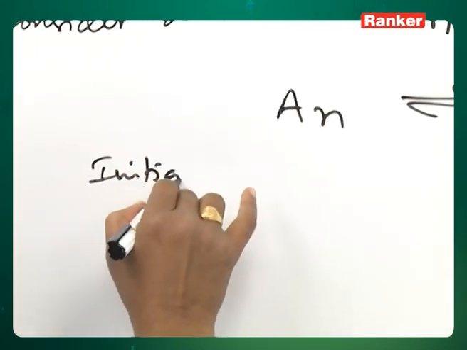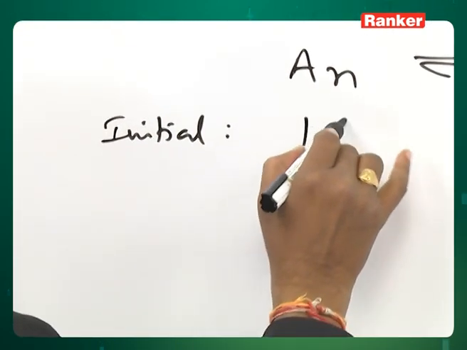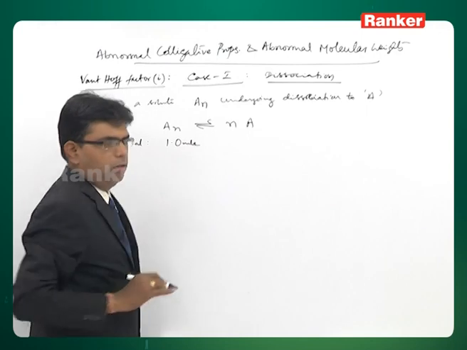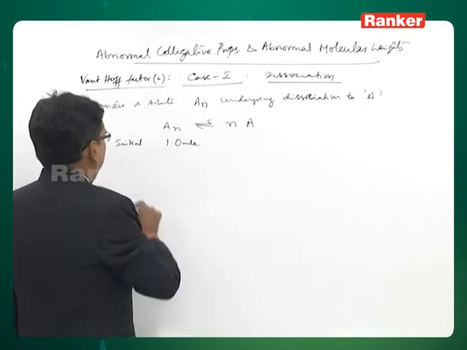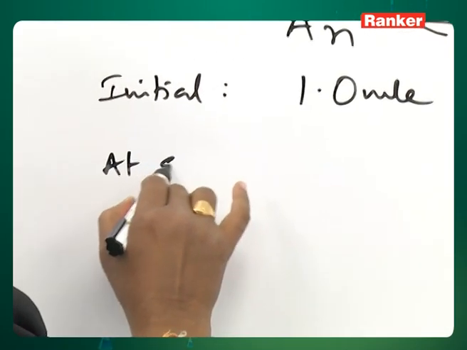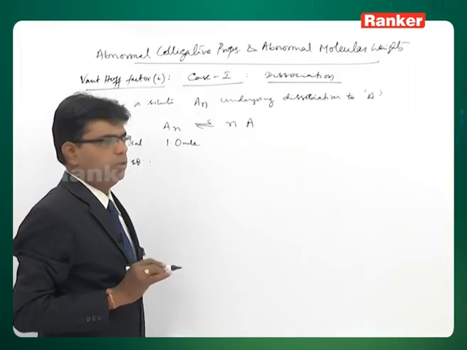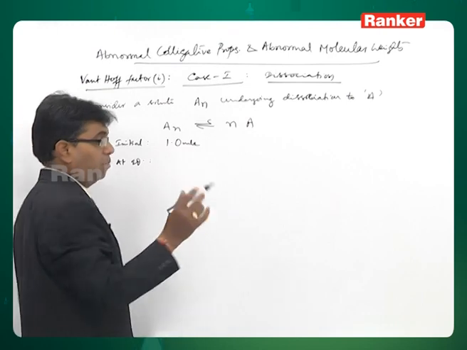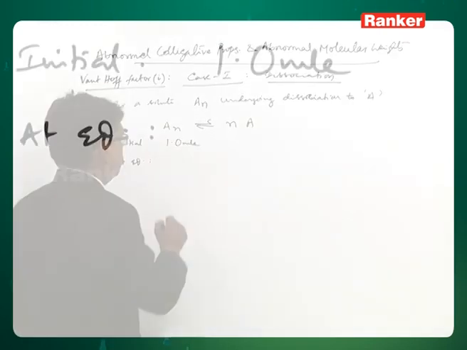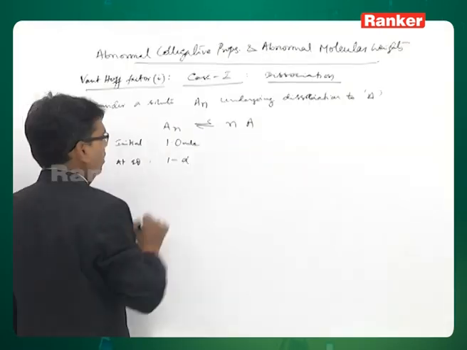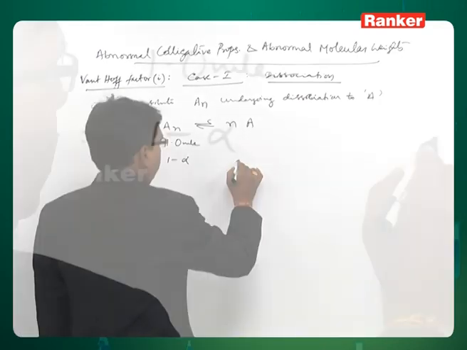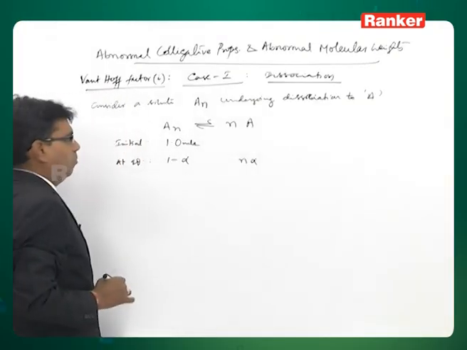Initially, if you start with 1 mole of that A_n, which undergoes dissociation by alpha moles out of 1 mole, that means alpha is nothing but the degree of dissociation. So, this will become 1 minus alpha and this will become n alpha.